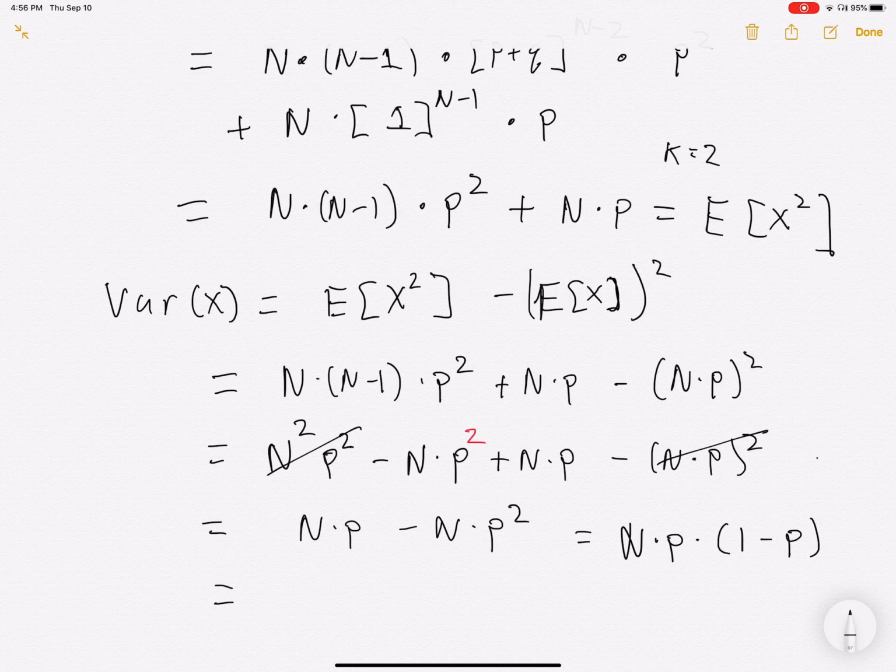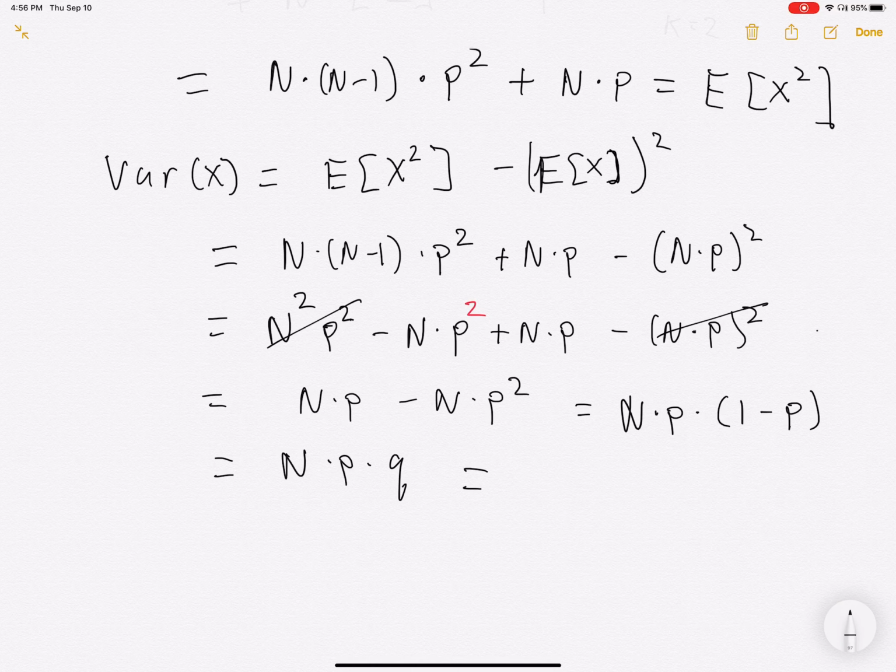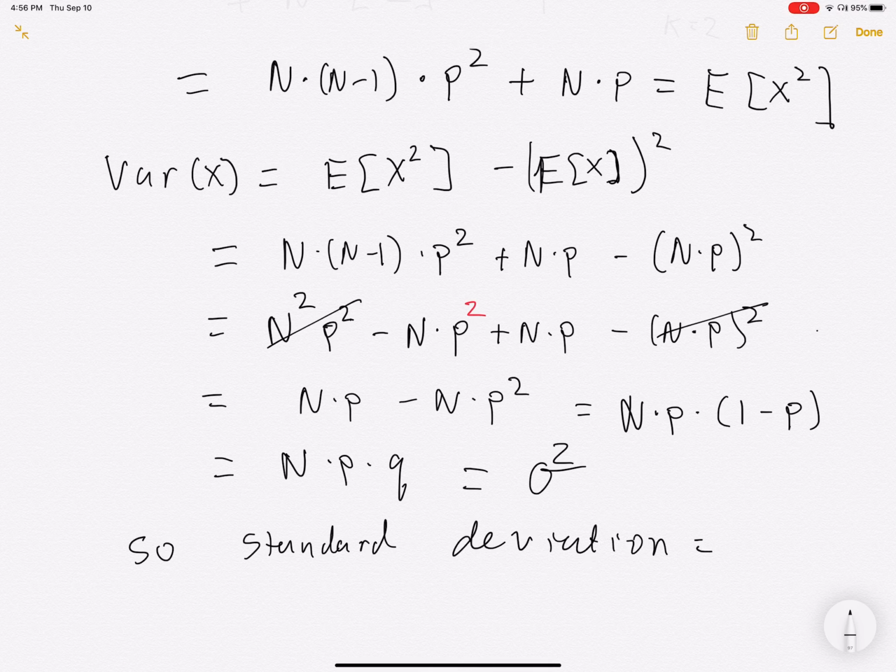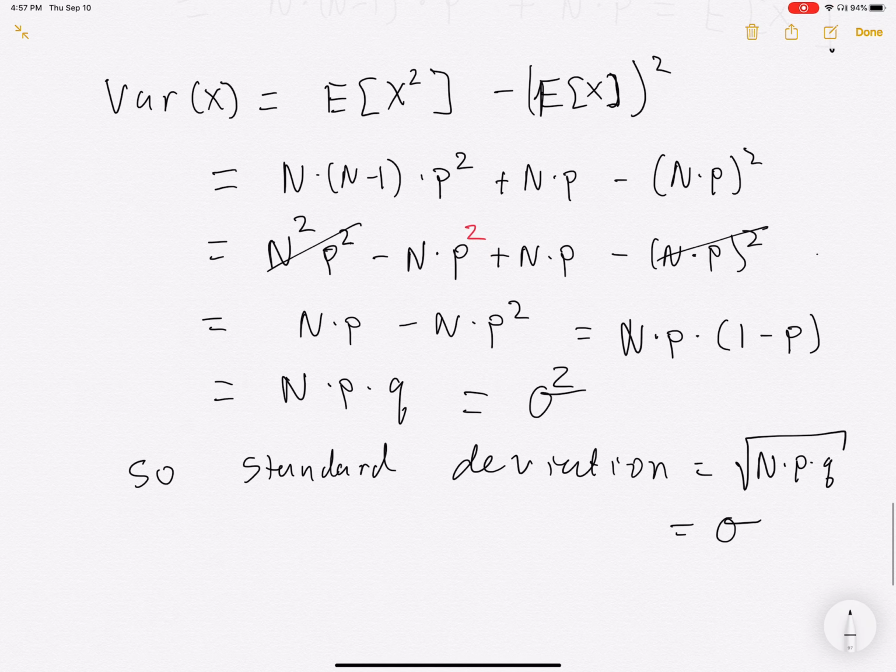And when we simplify this, this will be n times p times q, and that's the variance, okay? That's also denoted by that symbol. So standard deviation is going to be the square root of n times p times q, and that is denoted by sigma.